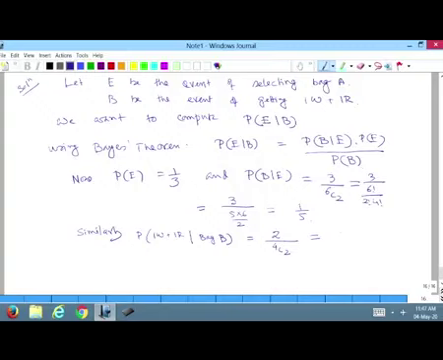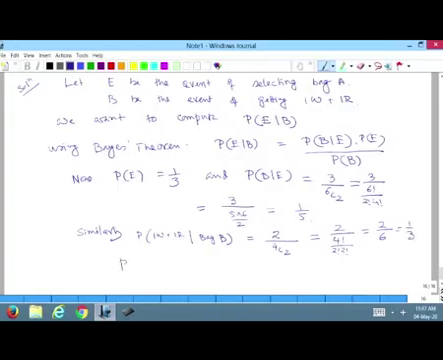Therefore, the answer is 2 upon 4 factorial by (2 factorial 2 factorial), which is equal to 2 upon 6, which is equal to 1 upon 3.